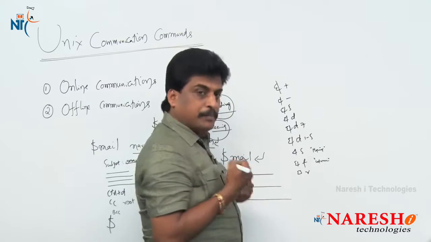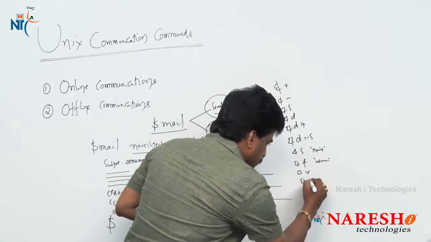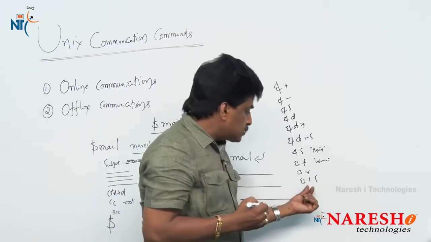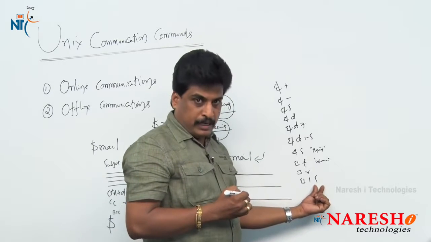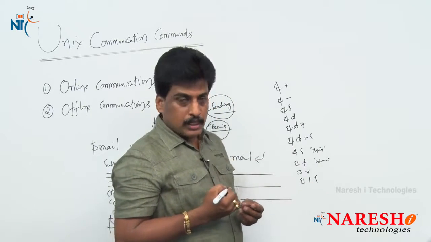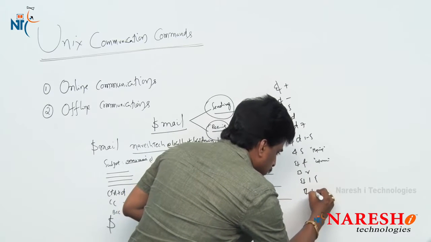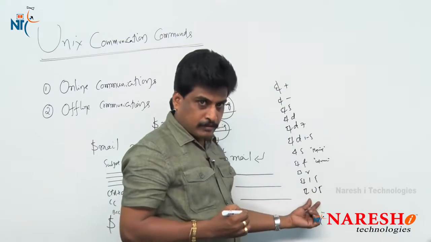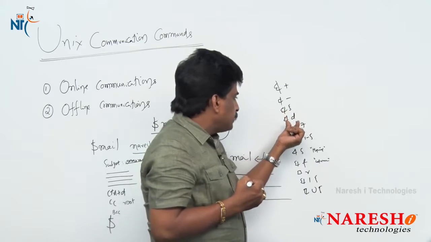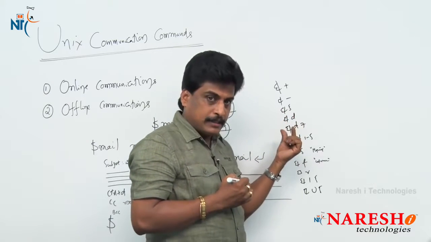You want to take a printout? For example, ampersand L5. L means line printer, 5 means the fifth mail is going to be printed as a hard copy. For example, you deleted one here, and you don't want to delete that one, then U5, undelete 5, means the fifth message we already deleted is restored.